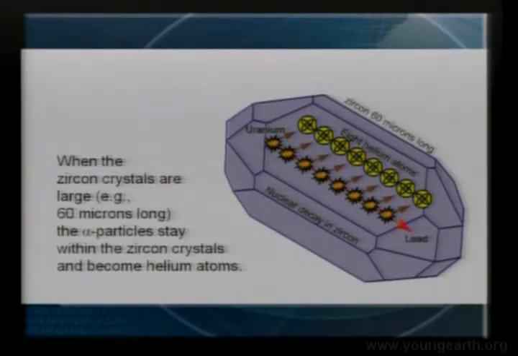When the zircon crystals are large, say 60 microns, that's 60 millionths of a metre long, about the thickness of a hair, the alpha particles, when they're ejected, do not escape from the zircon crystal. These alpha particles can't escape, but they capture electrons and become helium atoms.